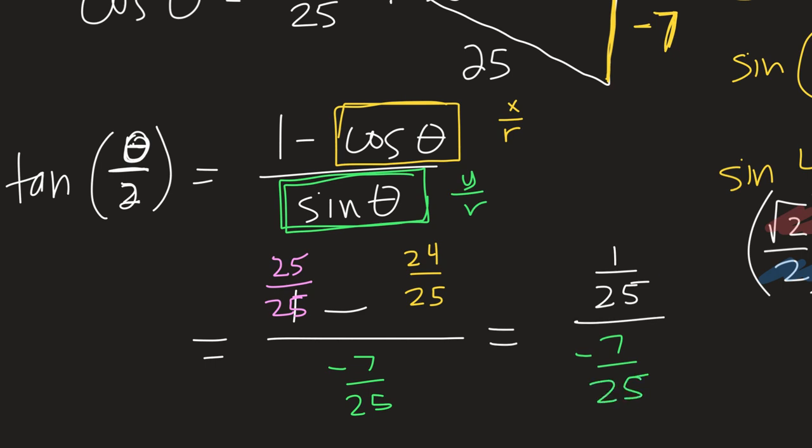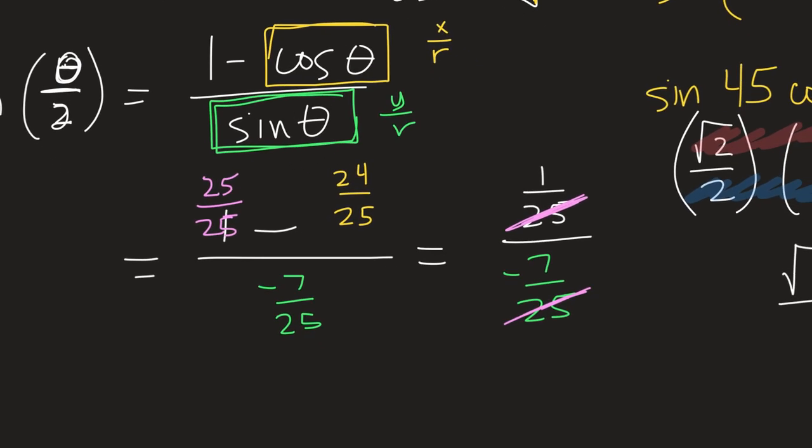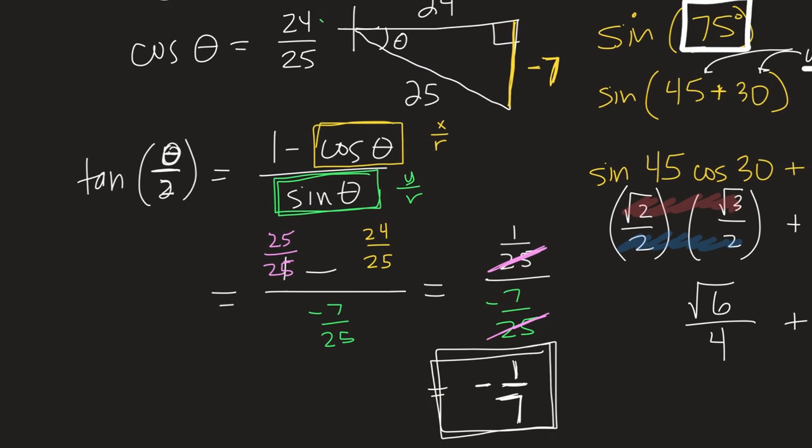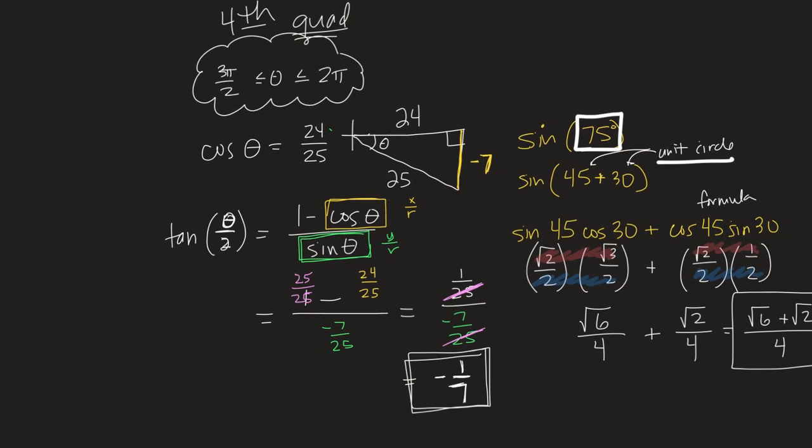Well, both of these are divided by 25, so I can essentially divide those out. So my final answer would be -1 over 7. Okay? The quadrant matters because the sign of that value in that quadrant matters.